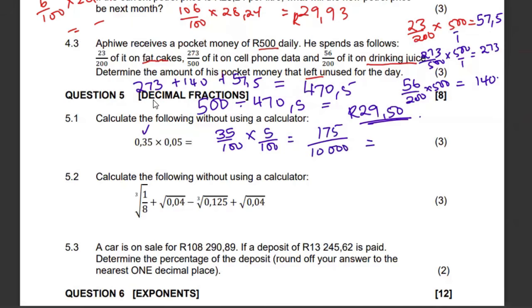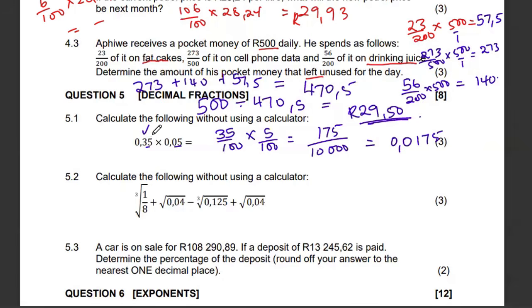And then when you divide this, you're going to end up with 0, nope, it's not going to make sense there, because we have four decimal places. So 0,0175 should be our final answer. All right, so that is that.